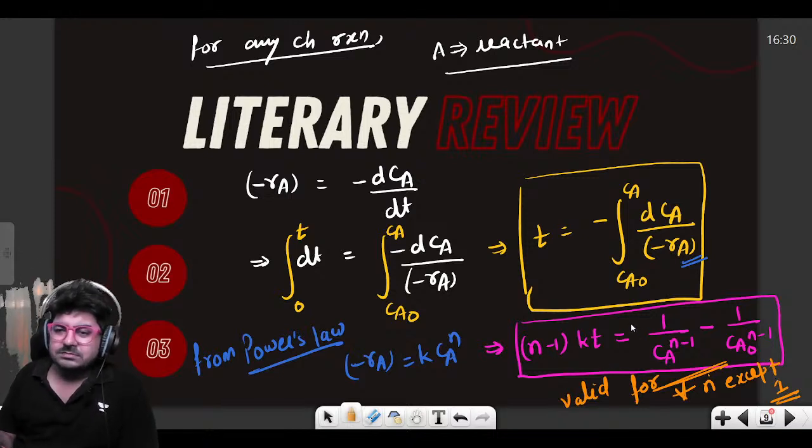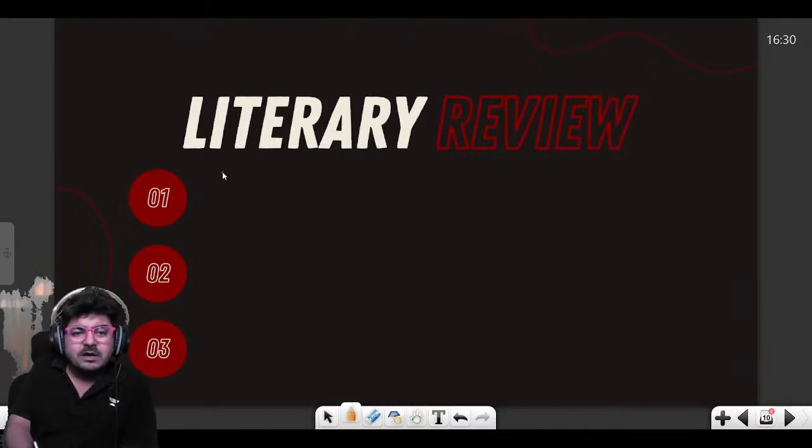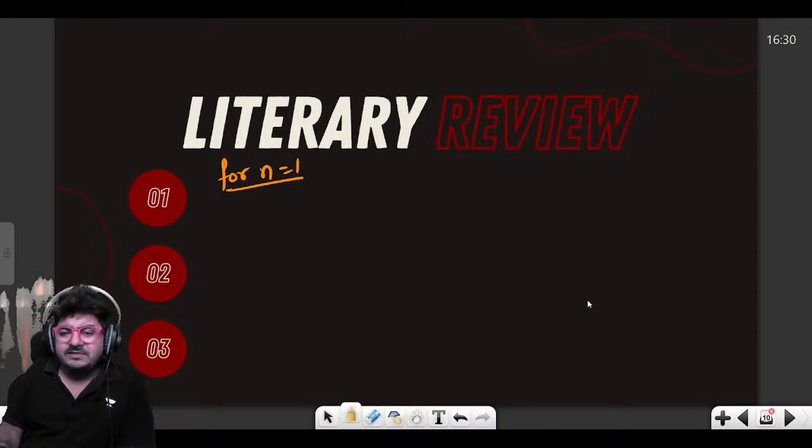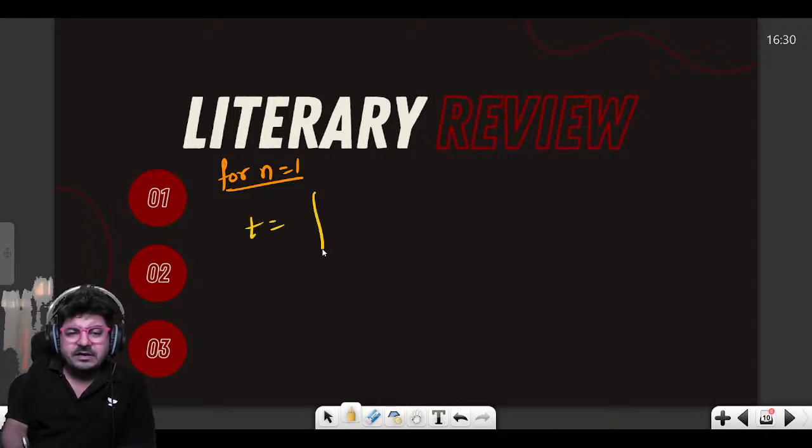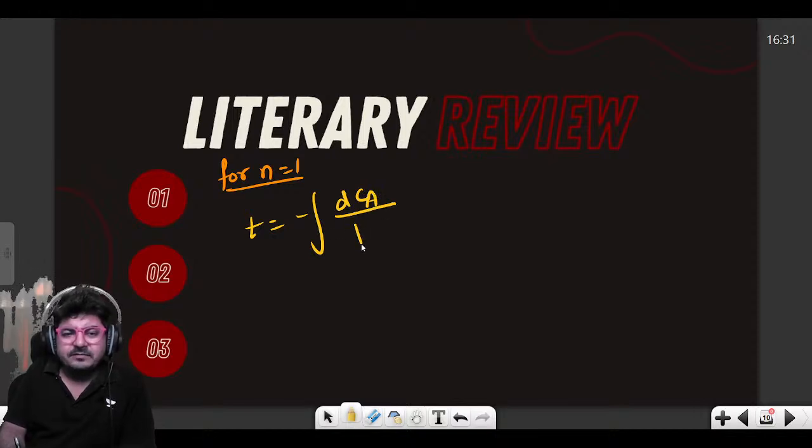So that's how you can solve the problems. Now what happens for first order? If I have a first order reaction, why will this not be valid? See, when you put minus Ra for a first order reaction, you will write it as k Ca.